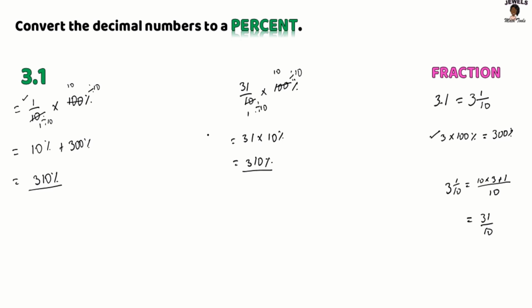And remember, I demonstrated a similar method to this when we converted mixed fractions into percentages. And I'll also post the link for that below for you in the description box so that you can also view that video on how we converted mixed fractions into percentages.